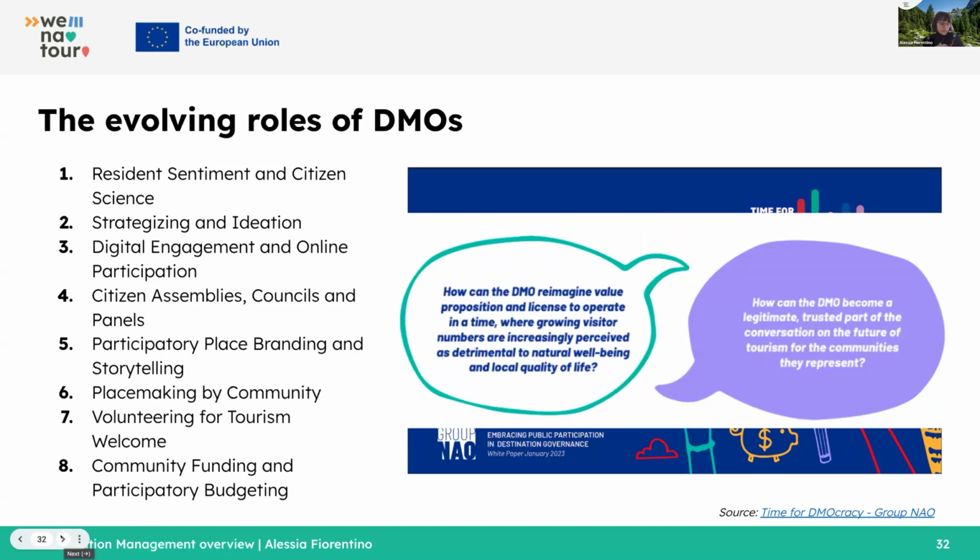On the other hand, how can the DMO become a legitimate, trusted, so social capital, trust, part of the conversation on the future of tourism for the communities they represent? So the 8 steps you see there are the 8 participatory methods they have identified, the 8 approaches for participation in tourism.